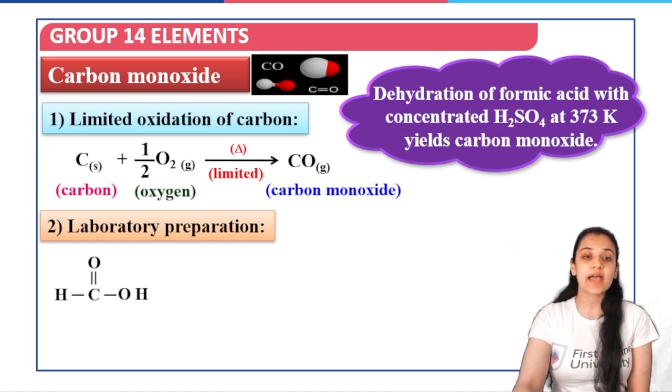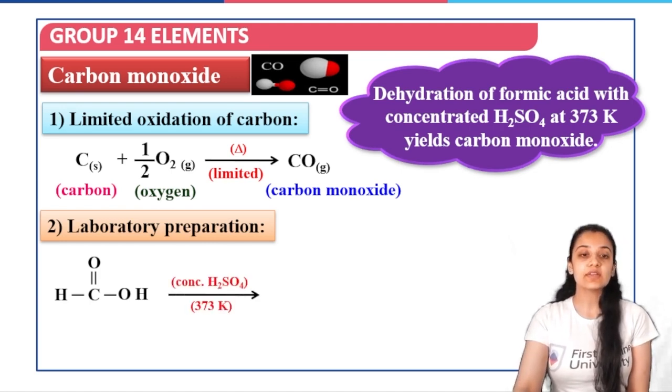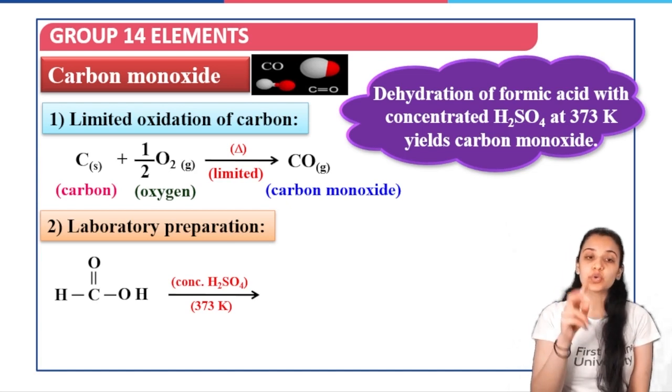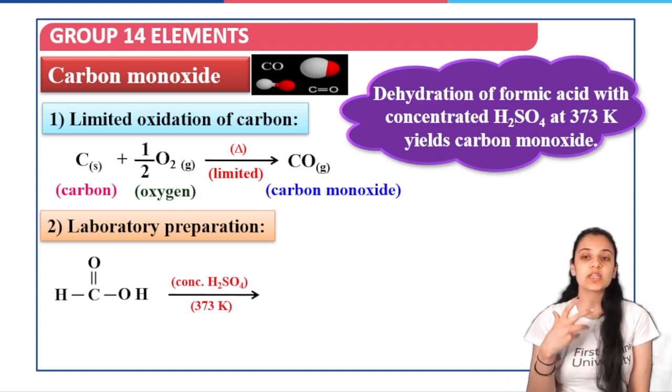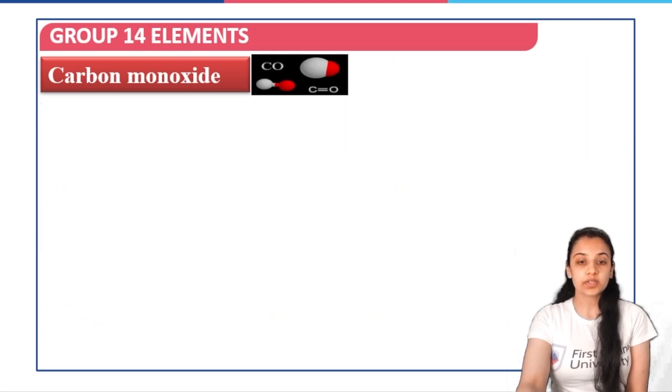This particular reaction is carried out at 373 Kelvin. If you look at the formula for formic acid, you will see that if H2, two hydrogens, and one oxygen are removed, what we are going to be left with is just CO, which is nothing but carbon monoxide. So H2O leaves and we get carbon monoxide as the product.